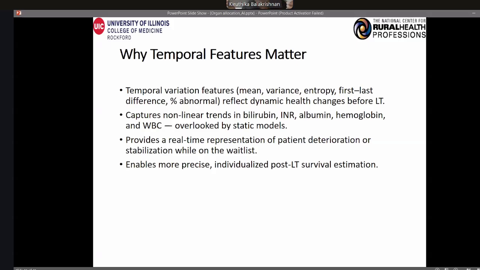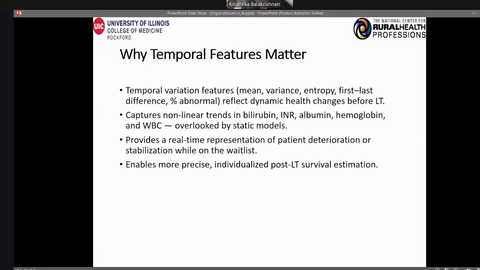For example, instead of only considering one bilirubin value before transplantation, we are capturing how the bilirubin fluctuates over time, and whether it is steadily increasing, showing sudden spikes, or stabilizing.